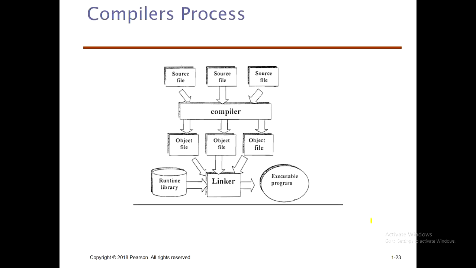The executable program is usually an application with .exe, an executable program that you can actually run. So once the program is compiled, it is going to be running as an application. So this is actually the compilation process, how it goes through these steps.